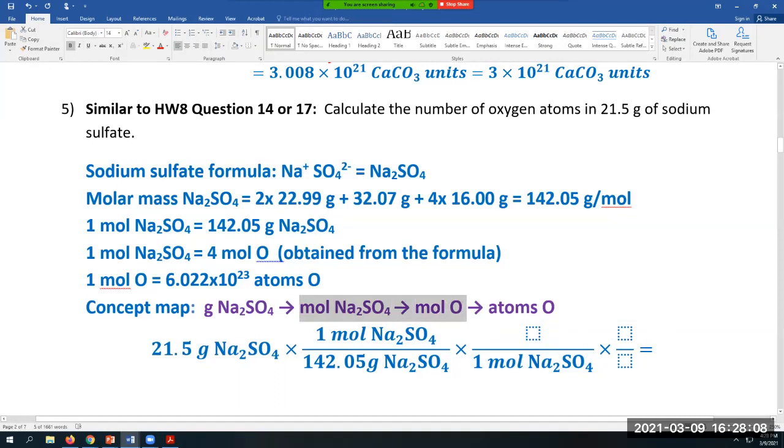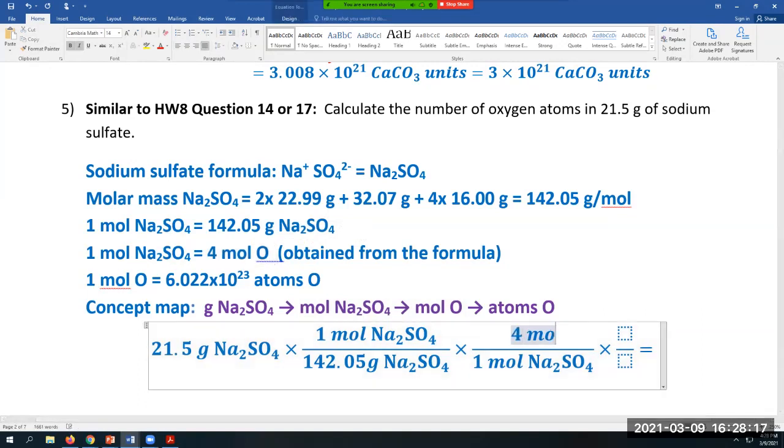So we will use this equality here. And so it's 1 mole of Na2SO4 contains 4 moles of O, just O, 4 moles of the oxygen atom. So we cancel moles of sodium sulfate, and we're left with moles of oxygen.